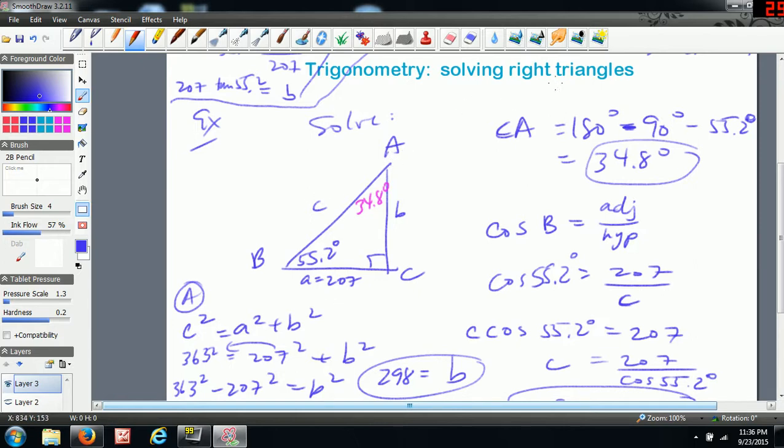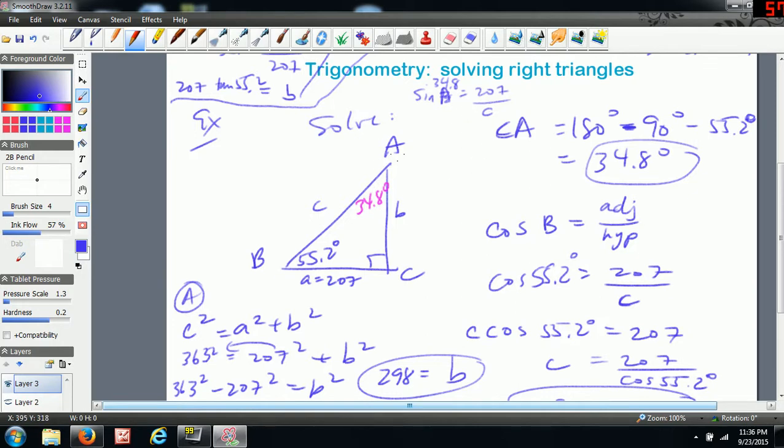So I would have done sine of A is equal to opposite, which is 207, over hypotenuse, which is C. And then I would have plugged in the 34.8 in here, and that would give me this exact same answer for C that we got over here.